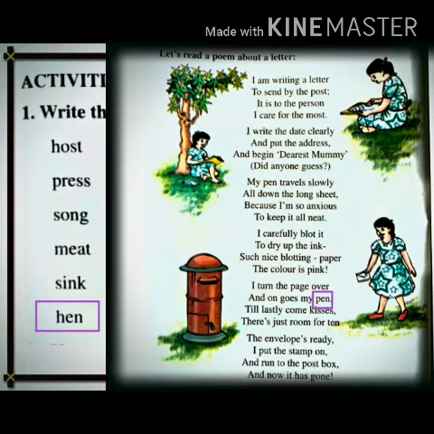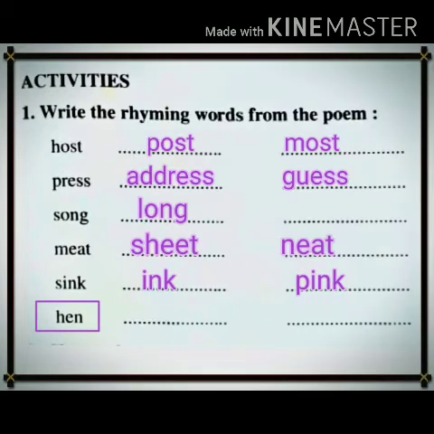Let's continue reading. Till lastly come kisses, there's just room for ten. Listen to the word carefully. Ten. Hen, ten. So both have the same end sound and ten is the second rhyming word for hen. So the rhyming words for hen given in the poem are pen and ten.